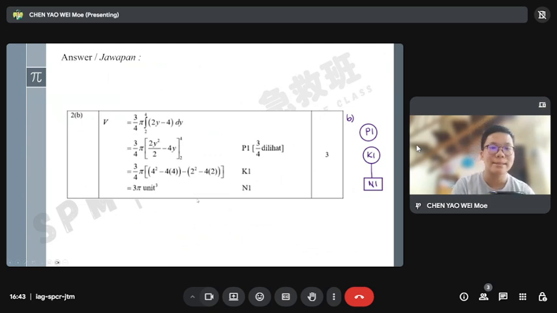We have about 8 exercises, and also about 3 years of trial papers, each with 3 questions: 2025, 2024, and 2023. I choose the questions that I think have a chance to come out in our next SPM. That's all, and I hope this integration helps you know more about calculus.